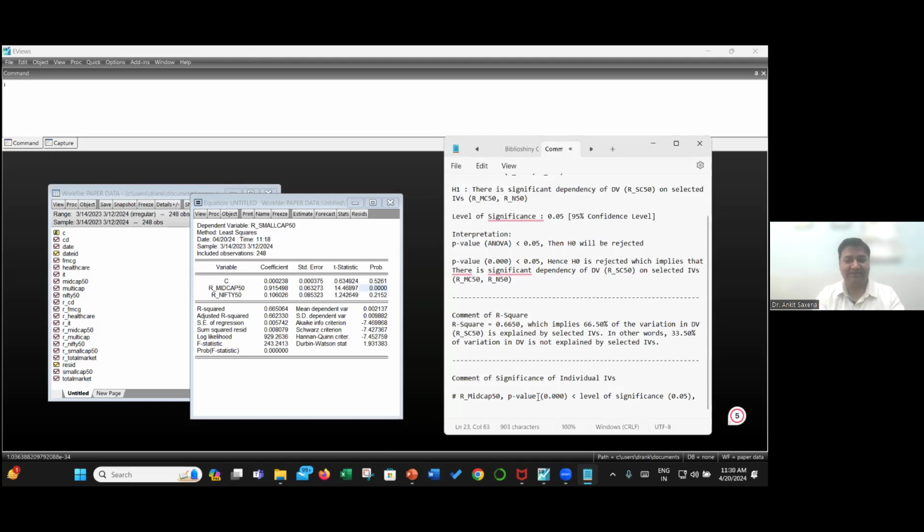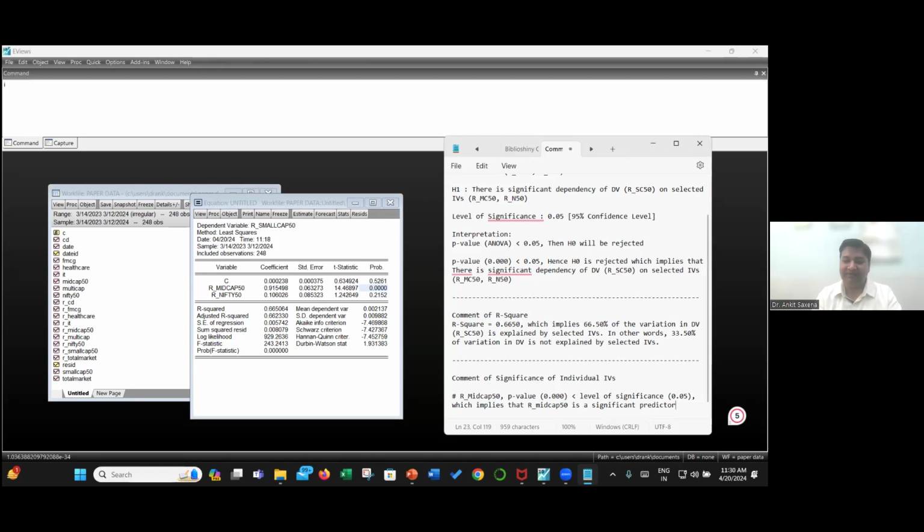That implies this Mid Cap 50 return is a significant predictor, so it should be kept in the regression model because it is significant in terms of predicting. You can also say that Small Cap 50 returns depend on Mid Cap 50 returns significantly.